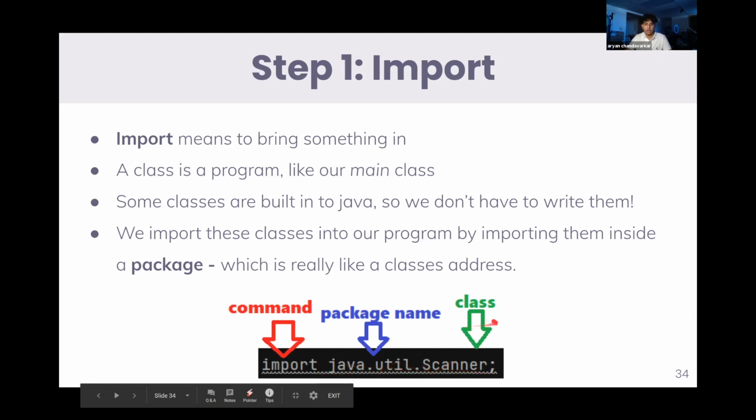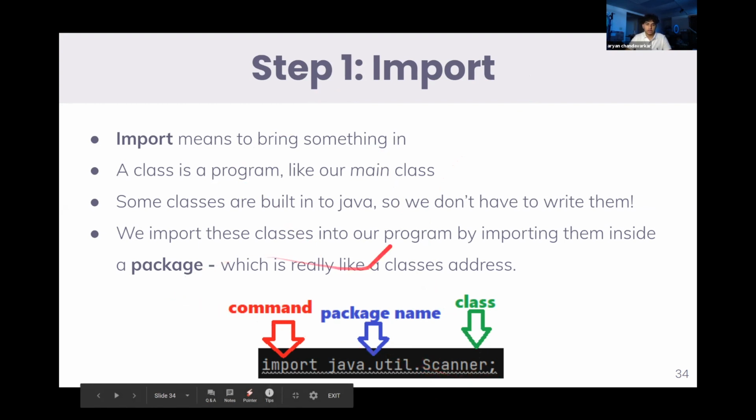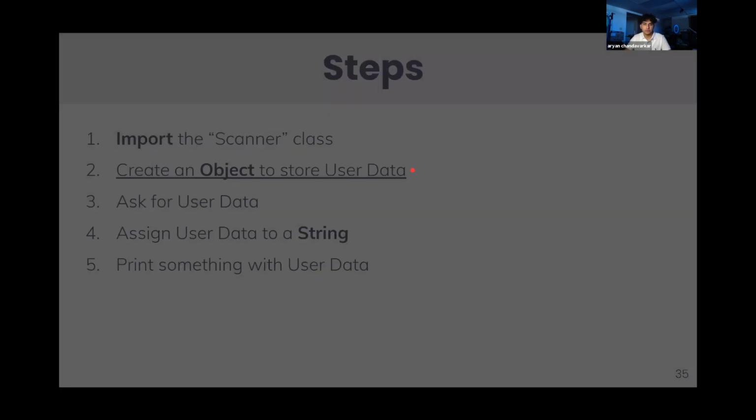And then finally, we include the actual name of the program. So in your programs in IntelliJ, it should probably say main on the top. In this case, we're just importing a program and its name is Scanner. It already has all the code inside it, and we don't have to do anything to it. It's already perfect for us to use.